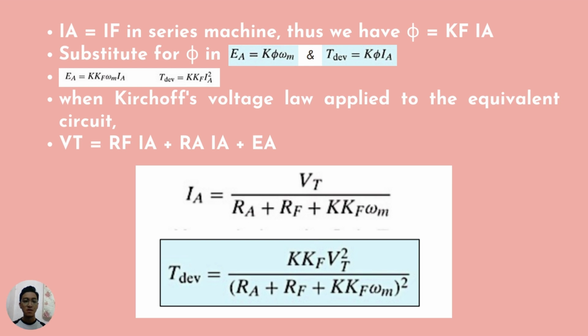Substituting for phi in Ea equals K phi omega m and T developed equals K phi Ia, resulting in Ea equals K Kf omega m Ia and T developed equals K Kf Ia squared. When terminal voltage is applied to the equivalent circuit, we get Vt equals Rf times Ia plus Ra times Ia plus Ea, which can then be rearranged to get armature current and torque developed, as stated in the equations below.